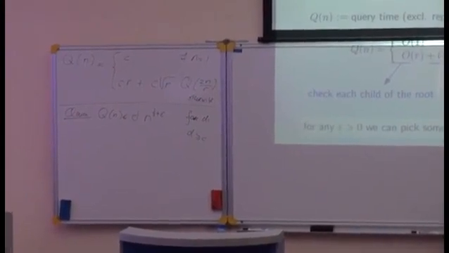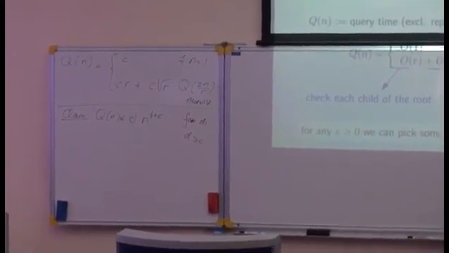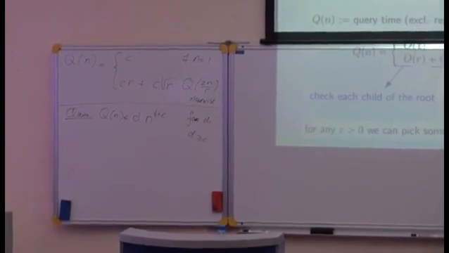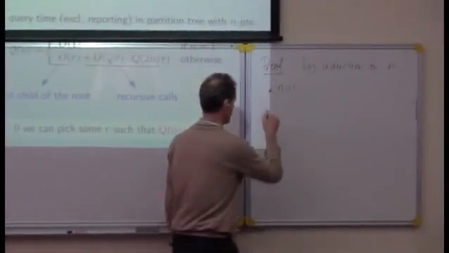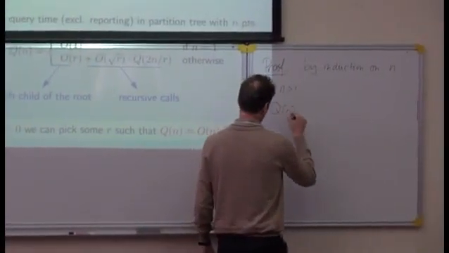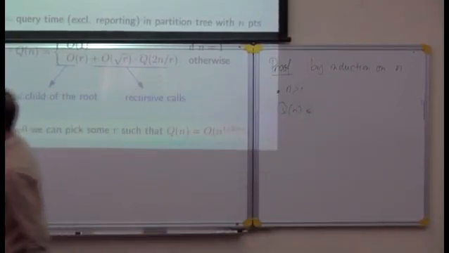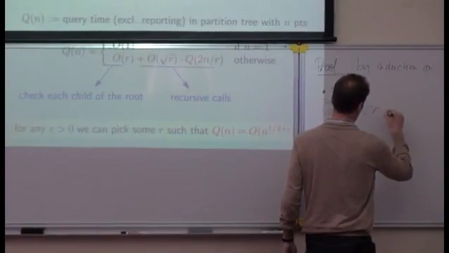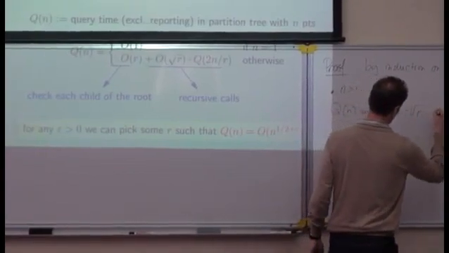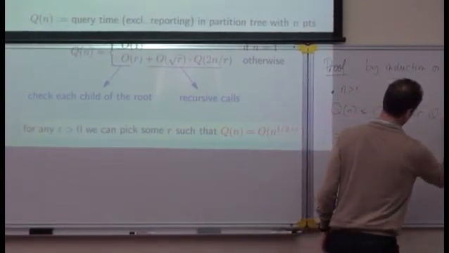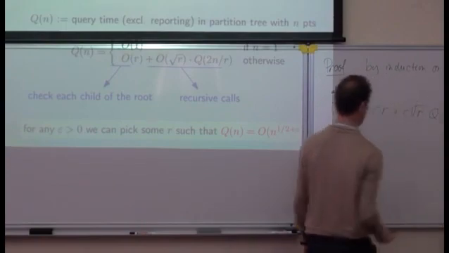So now look at n bigger than 1. Okay, so I get Q(n) is at most cr plus c square root of r Q(2n over r).